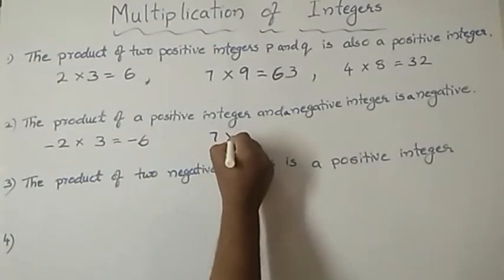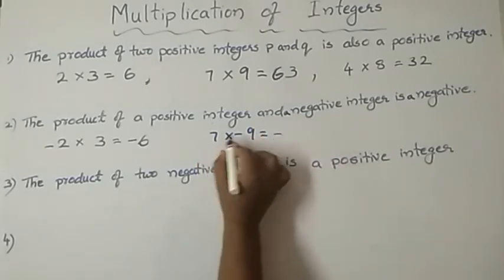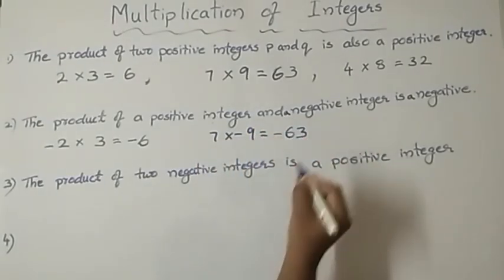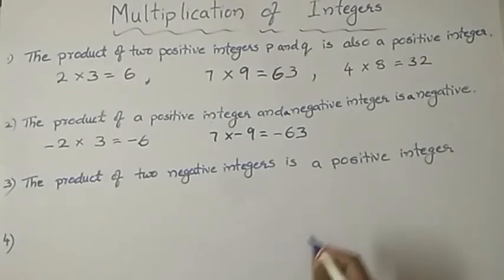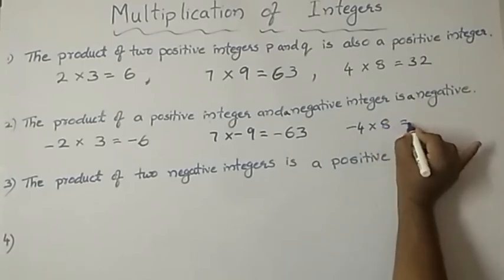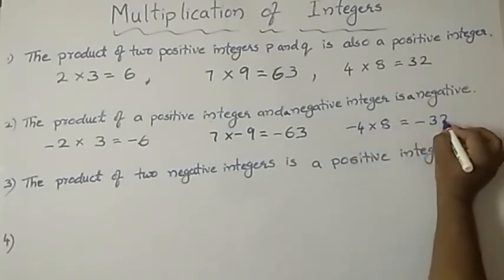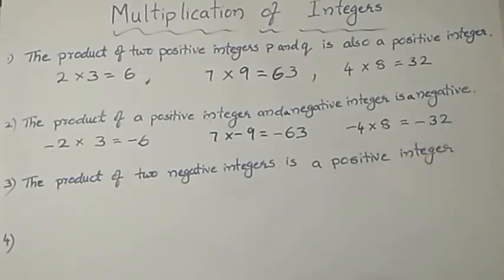Here 7 into -9. Plus into minus, minus 7 9s are 63. Here one more same I am taking. -4 into 8. Minus into plus, minus 4 8s are 32. As like you can take for any number.